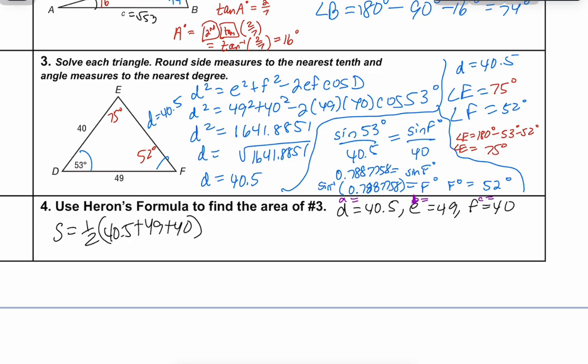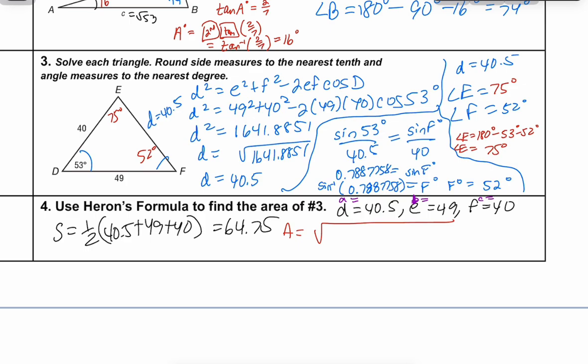And it's more accurate if you keep any decimal places. So the answer is 64.75. That's your half perimeter. Okay?